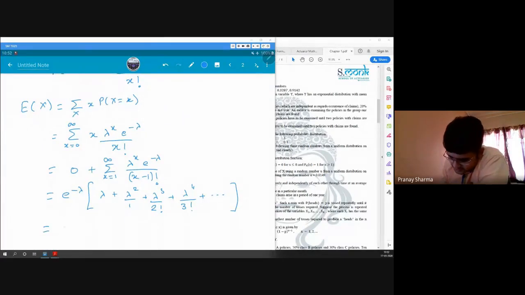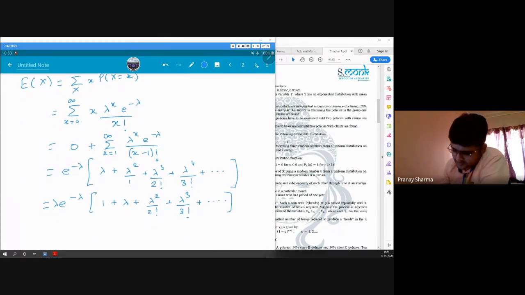I can take lambda outside and I'll get lambda times e raised to minus lambda. Inside I'll have 1 plus lambda square by 2 factorial, lambda cube by 3 factorial, and so on. Now this you might have recognized, we call it an exponential series or a Taylor series. There are a lot of series in Taylor series, but this is called an exponential series.